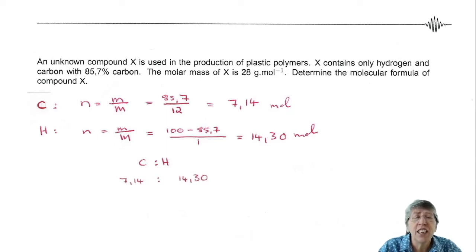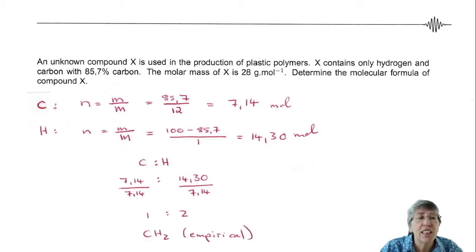So C to H is in the ratio 7.14 to 14.30. To get that into whole numbers, we're going to divide by the smallest one, which is now 7.14. And once we divide by 7.14, we are ending up with a ratio of 1 to 2. And then it's going to tell us that our empirical formula is CH2.